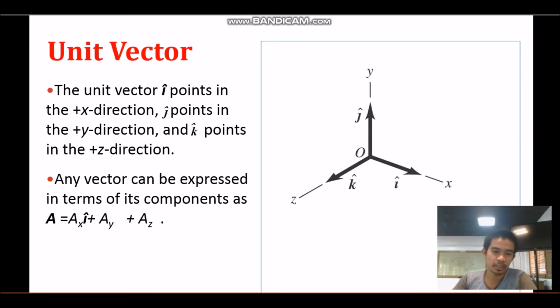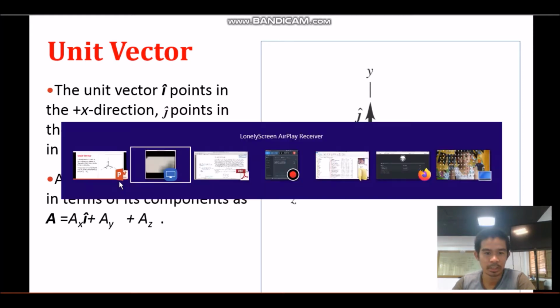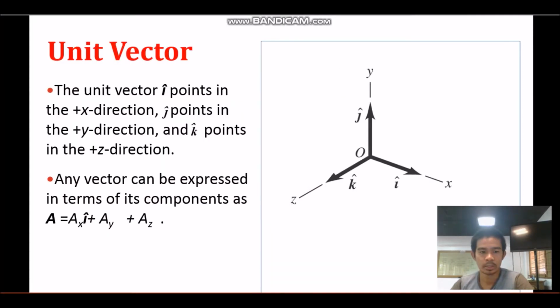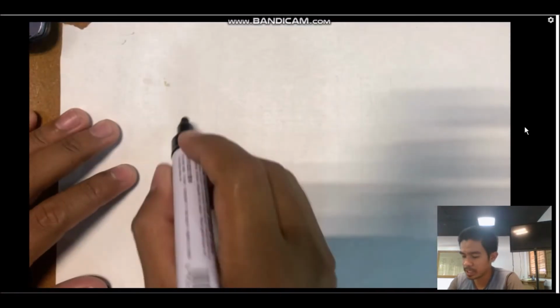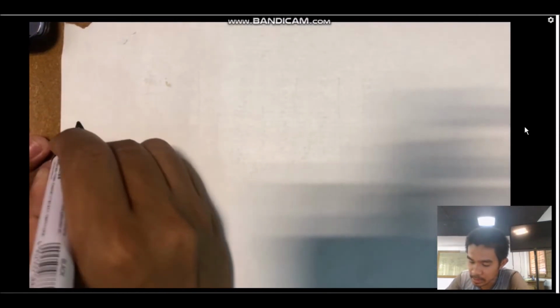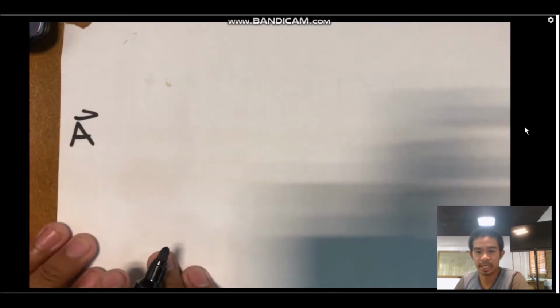So any vector can be expressed in terms of its components. Suppose we have vector A. We will express that in terms of components.